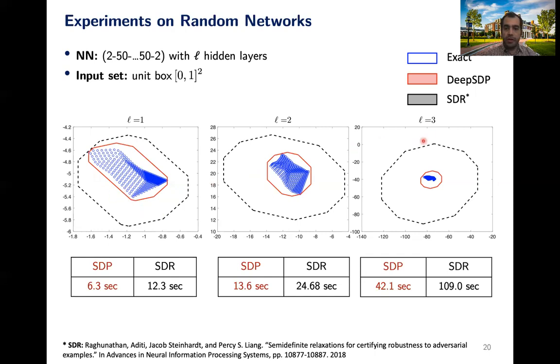Here we are illustrating this approximation for 3 different numbers of layers: 1 layer, 2 layers, 3 layers, and we can see, especially for relatively deep architectures, our method is able to reduce conservatism of the semi-definite relaxation considerably.